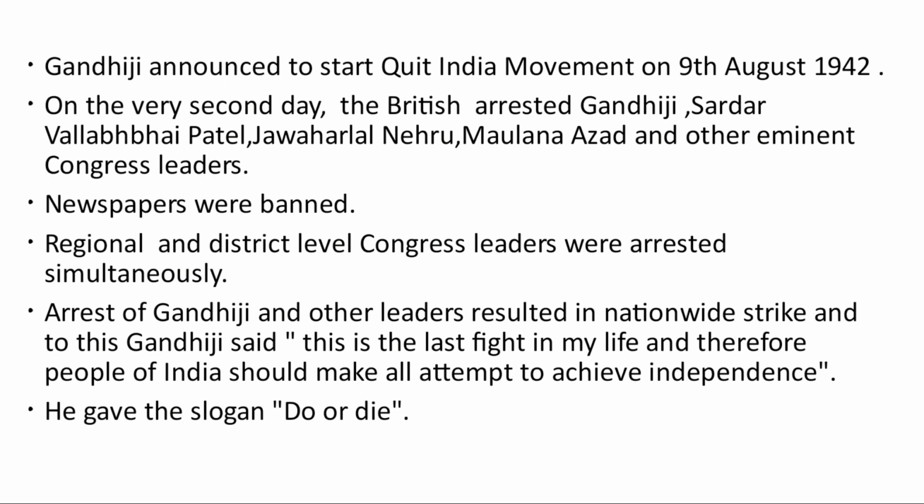Newspapers were banned. Regional and district level Congress leaders were arrested simultaneously. Not only top leaders but regional and district level छोटा-छोटा leaders को भी arrest किया गया. Arrest of Gandhiji and other leaders resulted in nationwide strike.